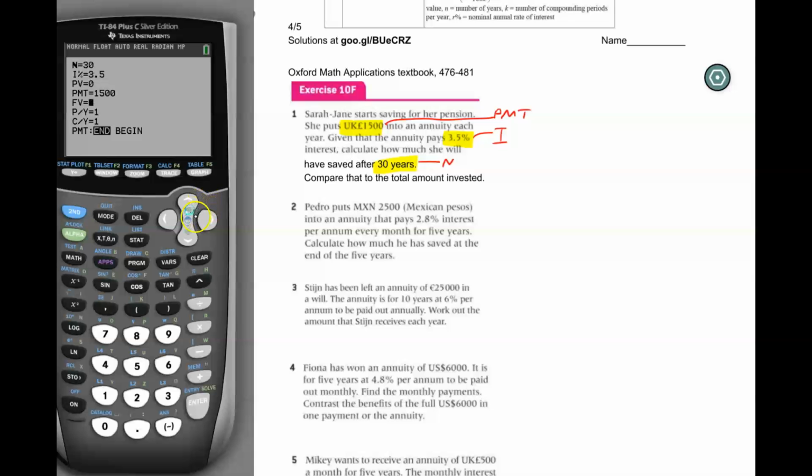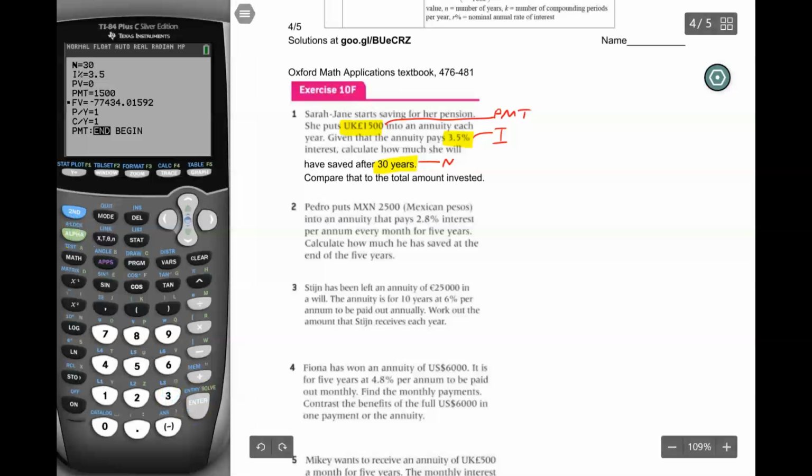The payments per year and the compoundings per year is 1 each because in all of our annuities problems, we're always going to put 1 for each of those, okay? And then we're just going to press Alt Alpha Enter on the FV to find out the total amount she saved.